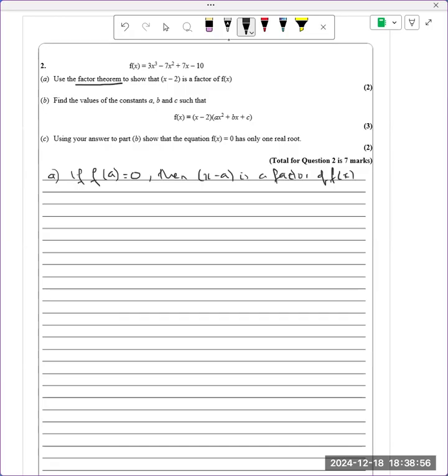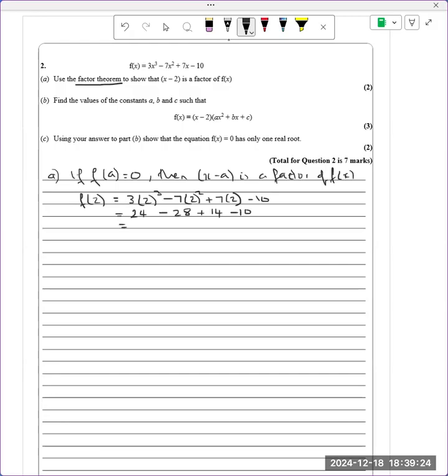So basically all we have to do is show that f of 2, which is 3 times 2 cubed minus 7 times 2 squared plus 7 times 2 minus 10, which is 3 eights are 24, 7 fours are 28, 2 sevens are 14, minus 10.